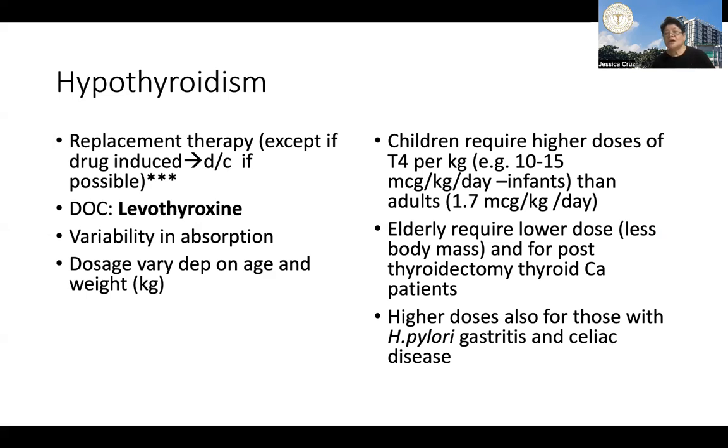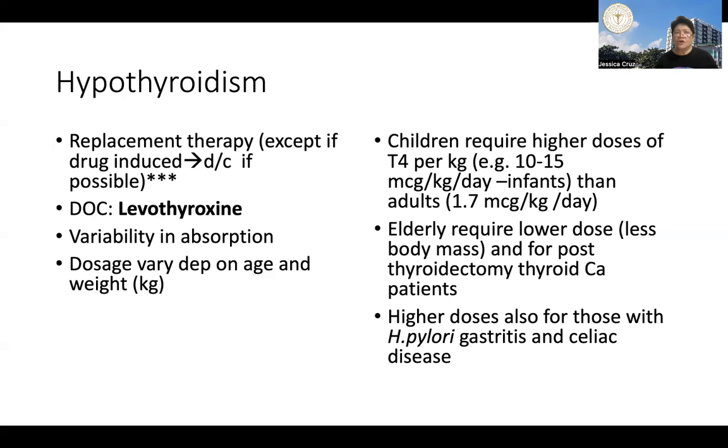The elderly, especially those who have asthenia or less body mass, have lower weight, so the doses we give are lower, because the elderly are less tolerant of the cardiovascular complications. And also for post-thyroidectomy in patients with thyroid cancer.